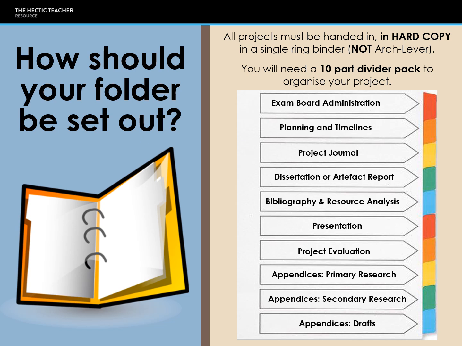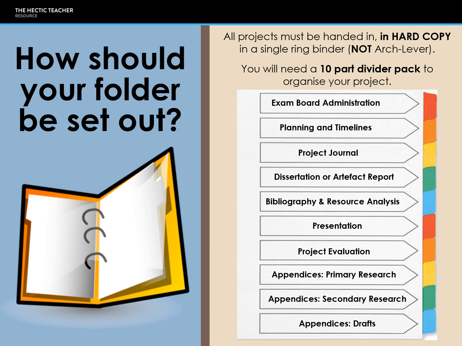Then we put the project journal, whatever format you've decided to take with that, and then we get your outcome, your dissertation or your artifact report. Now your artifact might fit in your folder, but it's highly unlikely, so the report definitely needs to be in the folder, not necessarily the artifact itself.